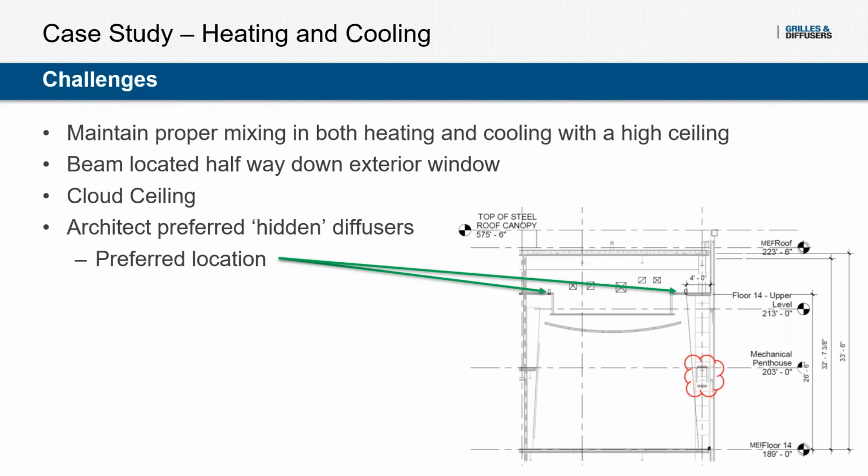The preferred location for the diffusers was hidden above the cloud ceiling, as shown here. But after doing some analysis, we found that the optimized location was actually to place the diffusers in the cloud ceiling instead.